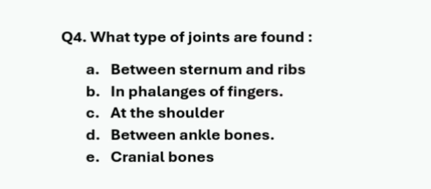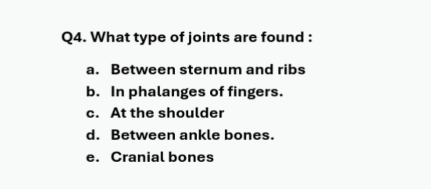Question number 4, you have to name the type of joint present between the bones that are given under subparts A to E. Like in the first case, you have to name the joint present between the sternum and the ribs.